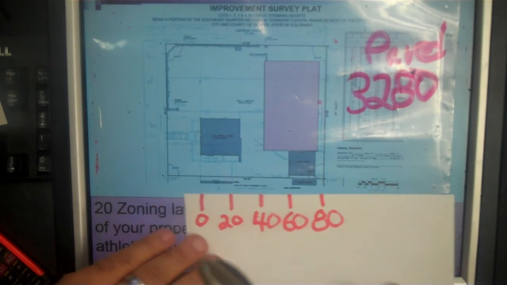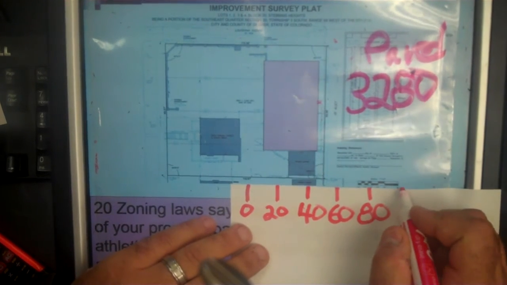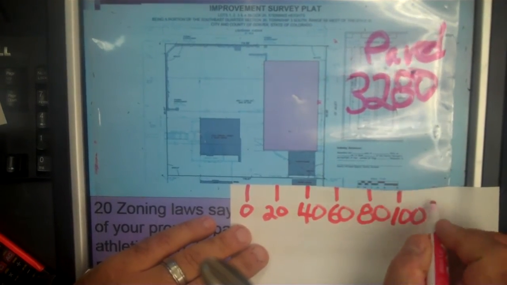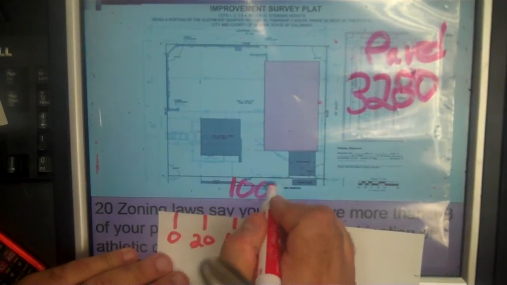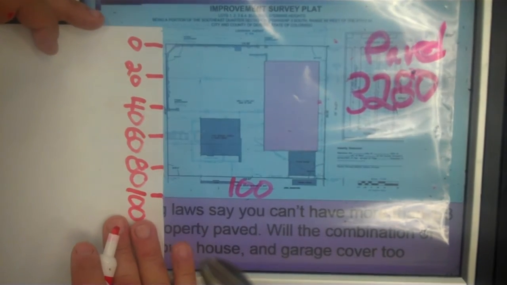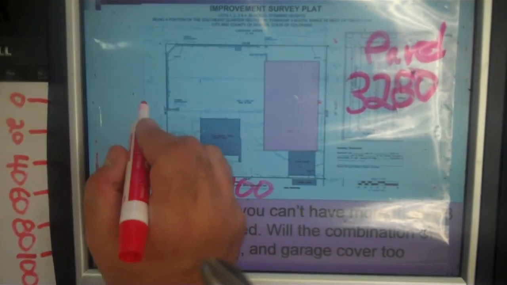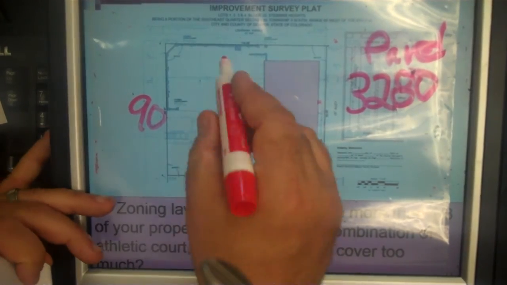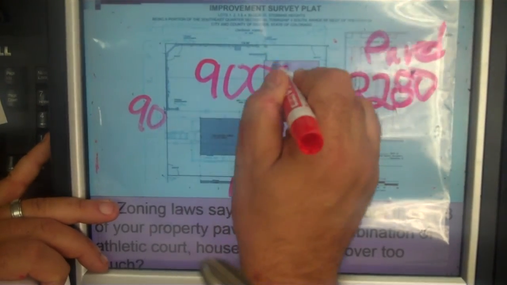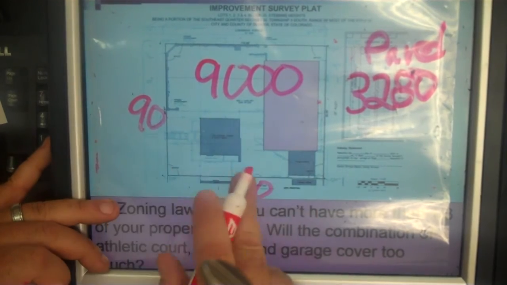This whole thing here, let's make another tick mark, 100. Yeah, this whole property is about 100 feet that direction and about 90 in that direction. So 90 times 100 is a total of 9,000 square feet of the whole property.